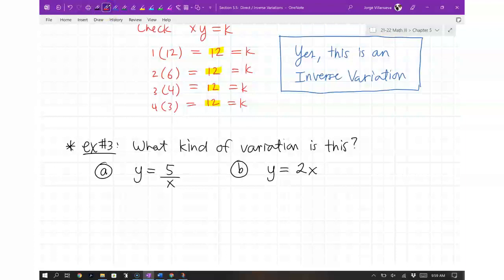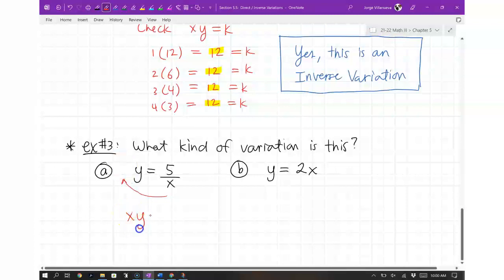So, for part A, I want just the number 5 by itself. So what do I have to move? The x. So I'm going to get this x and multiply it over there. So that's xy equals 5. What kind of variation is the one that does x times y equals a number? Inverse. So this is inverse.